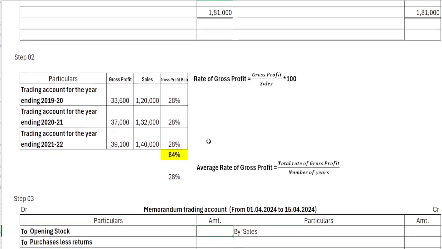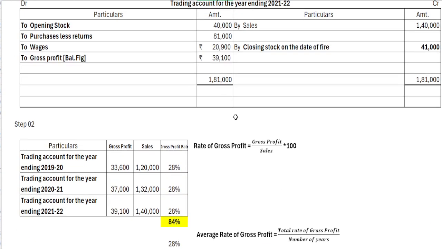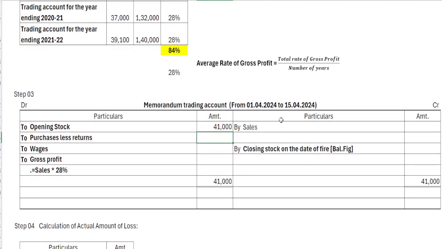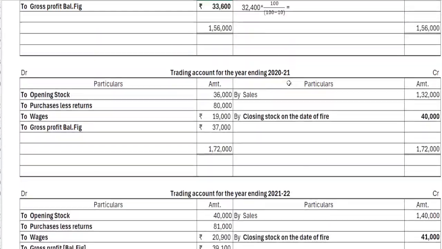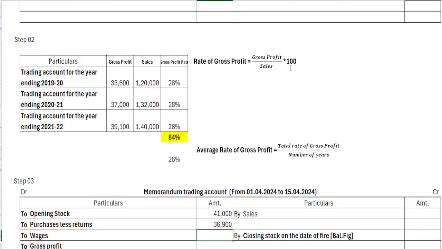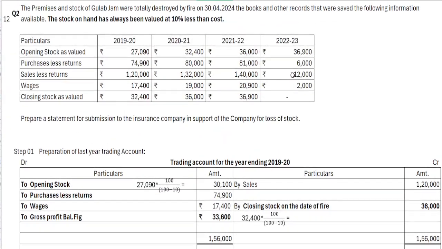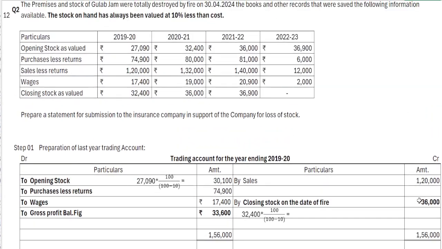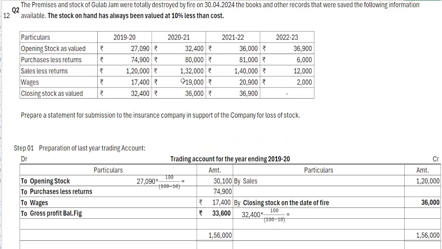Opening stock will be the closing stock of the previous year, 41,000. Then purchases 36,900. Wages 2,000. Sales 12,000.